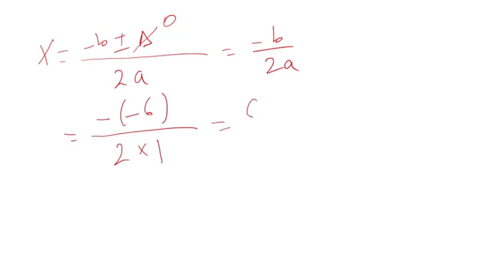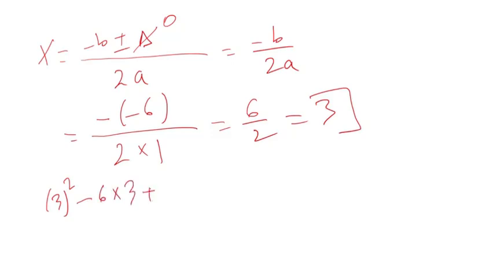Minus minus 6 is 6 divided by 2 is 3. If you go back to the equation, x squared, replace x by 3: 3 squared minus 6 times 3 plus 9. 3 squared is 9, minus 6 times 3 is minus 18, plus 9 is equal to 0. Check.